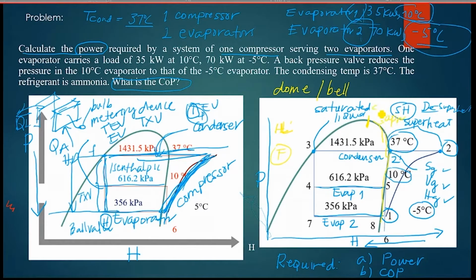What kind of vapor? Saturated. And it's a lot easier to get the data from the pH diagram, on the table or on the chart, no? Because it is saturated. Now, saturated vapor on the right side, saturated liquid on the left side.